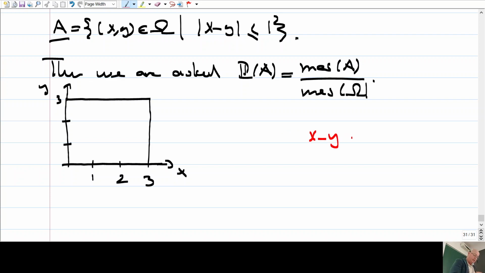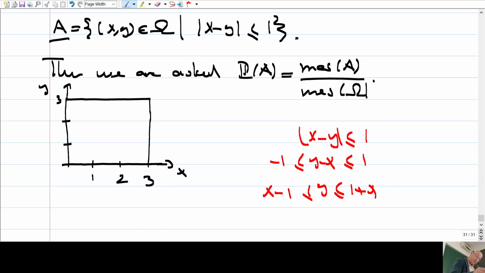Well, x minus y in absolute value less than 1 means x minus y is between 1 and minus 1. So this means y minus x is less than 1 plus x and larger than x minus 1, and it corresponds to the following.